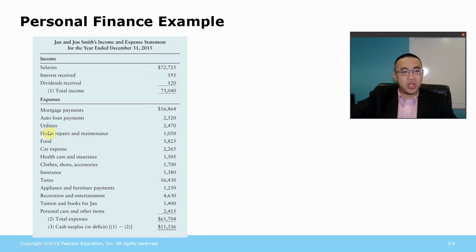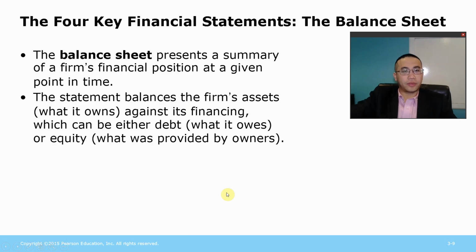You pay your mortgage, you pay your car loans, you pay utilities, electricity, you pay repairs and maintenance, food, healthcare, and so on and so forth. And then you use the total income minus total expenses to get your cash surplus or deficit. So if it is positive, then it is a surplus. If it is negative, then it's a deficit.